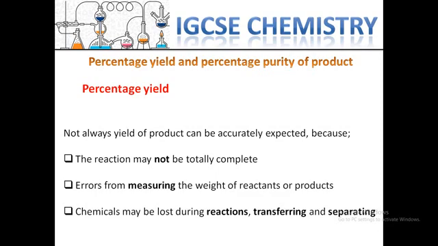In many cases, we cannot expect how much product we can get from a chemical reaction. In the laboratory, when we make a chemical reaction, we cannot predict accurately how much we can get as a product.